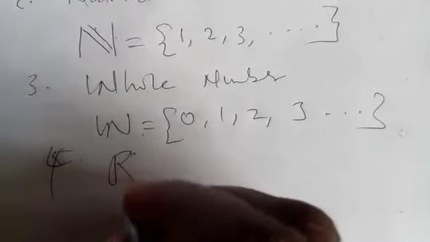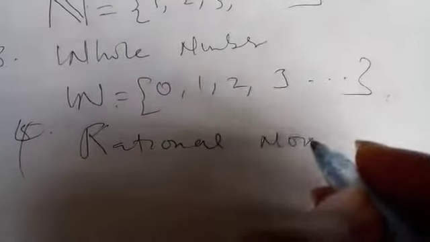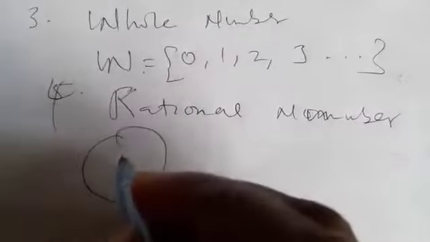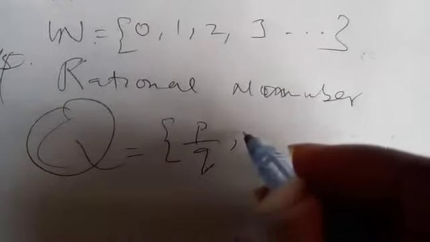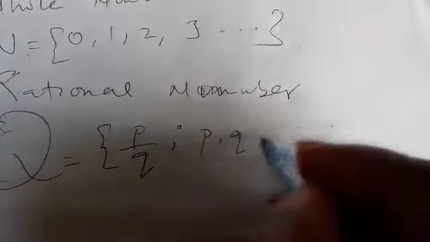Another one, number 4, rational numbers. For the rational numbers, we use Q to represent it. That is the set of p over q, such that p, q are integers, and also q is not equal to 0.